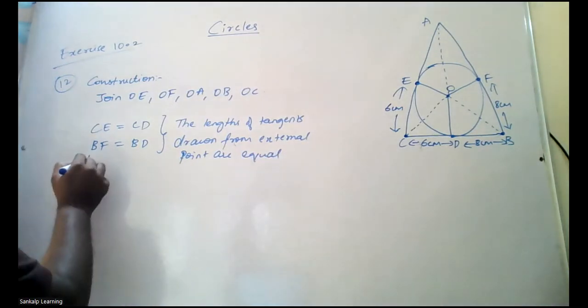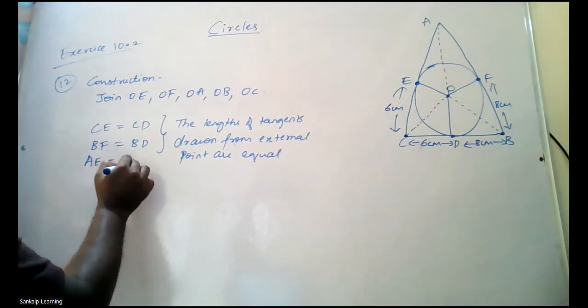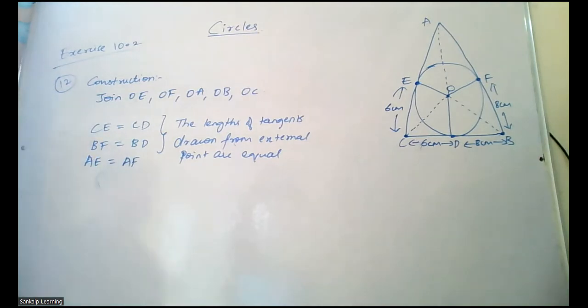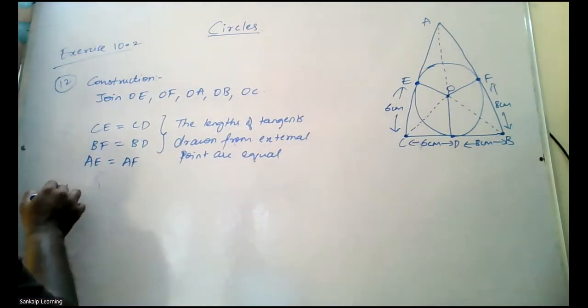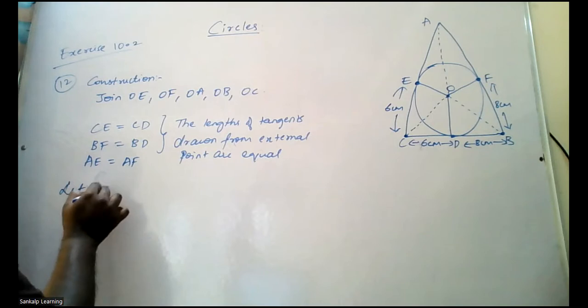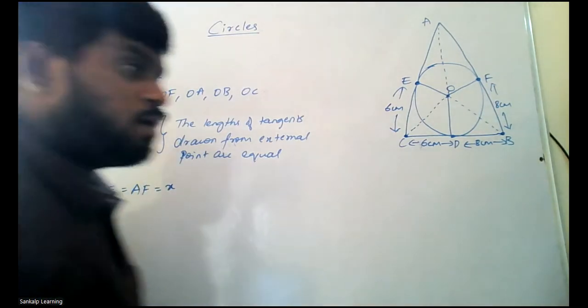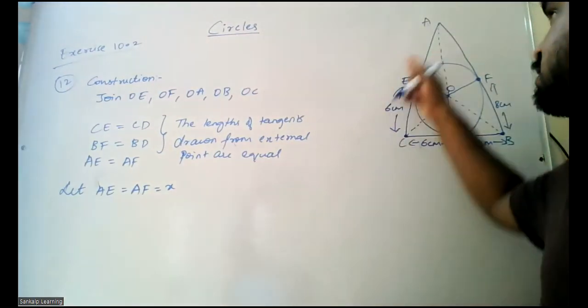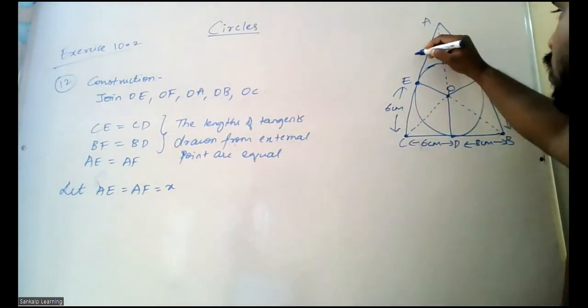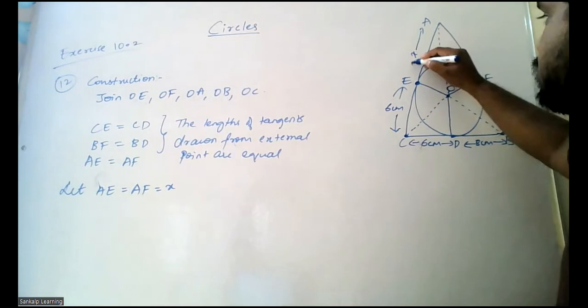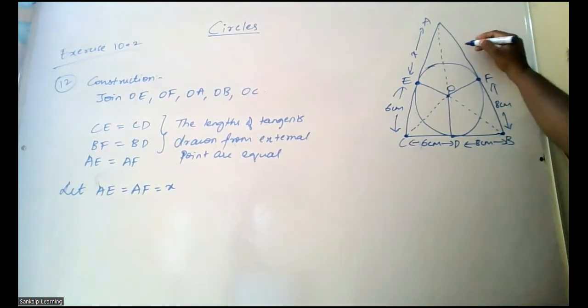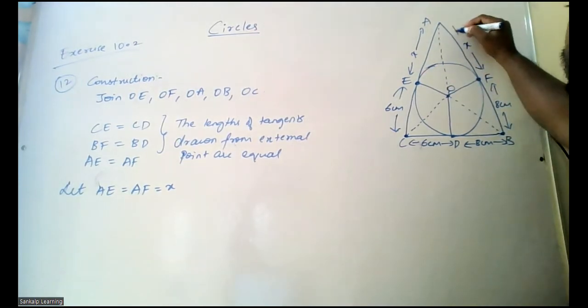Similarly, the same logic, AE will be equal to AF, isn't it? Let us assume it as some x. AE and AF both will be equal to some value x. Okay. Because A is a point outside, from there you can draw two tangents. So this is x. If this is x, this will also become x.